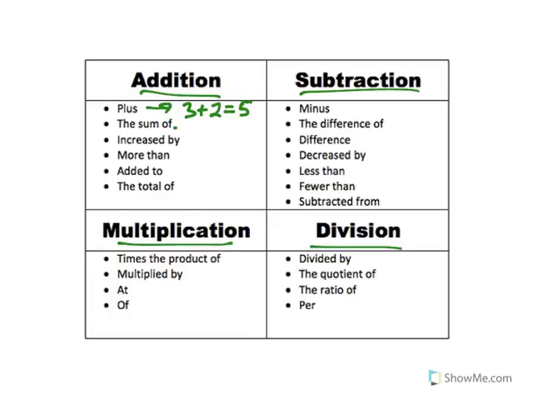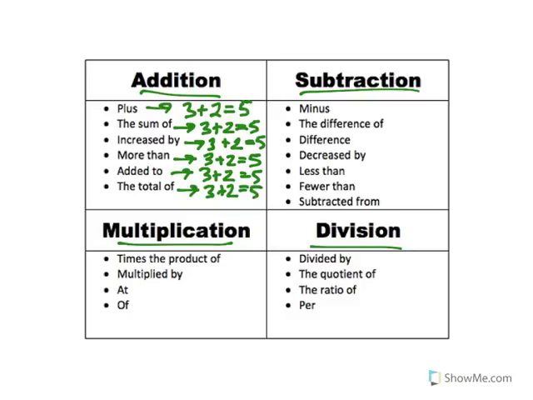Or we can say the sum of 3 and 2 is 5. 3 increased by 2 equals 5. 3 more than 2 equals 5. 3 added to 2 equals 5. Or the total of 3 and 2 is 5.